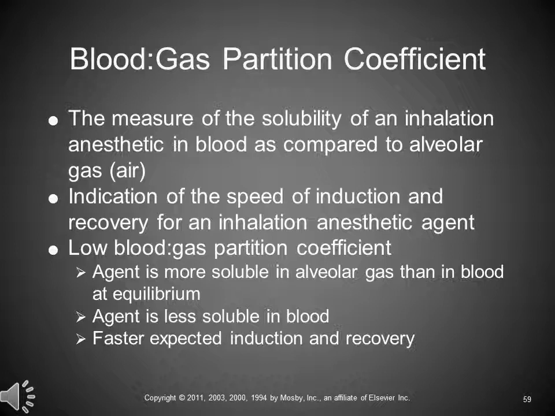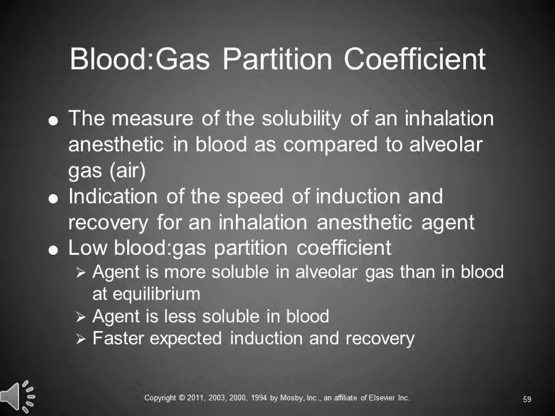The blood gas partition coefficient is the measure of the solubility of an inhalation anesthetic in blood as compared to alveolar gas or air. Okay? It is how soluble something is in blood as compared to how soluble it is in air.